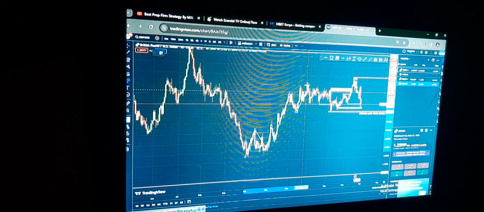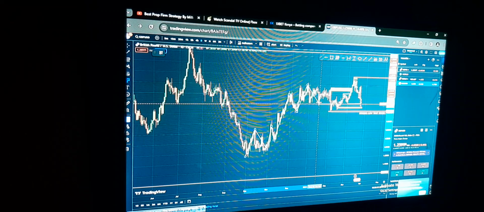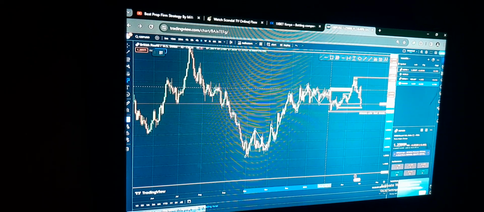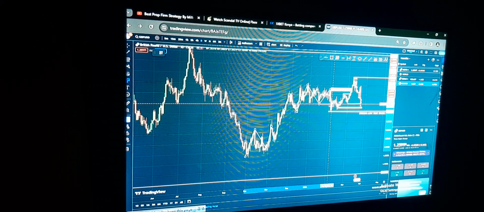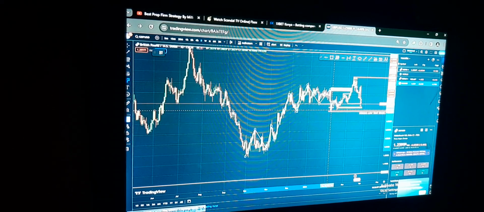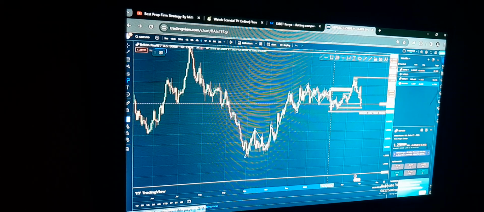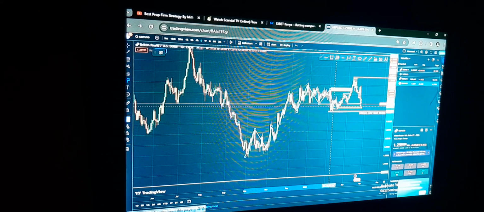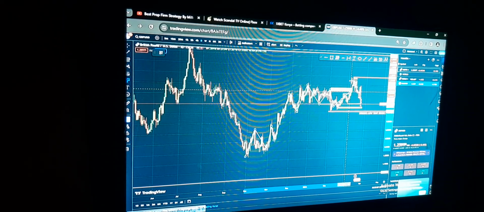Then we consolidated over here for a while. I think we consolidated from November last year to December. Then January 24th we broke to the downside. And when it broke to the downside, here's where I took those huge sells, those huge buys I told you about. And this is where I marked out my daily range. So after there, we went up, and now we're starting to come down.